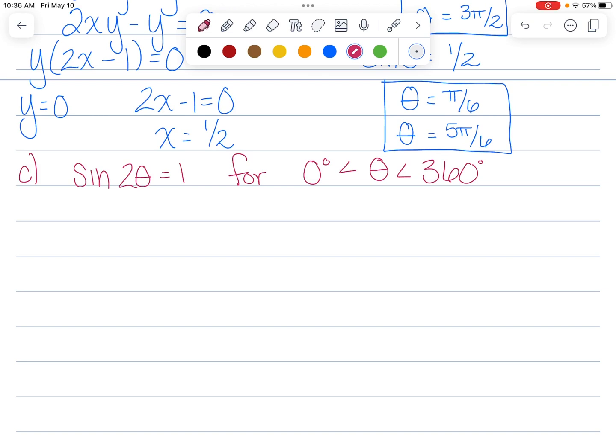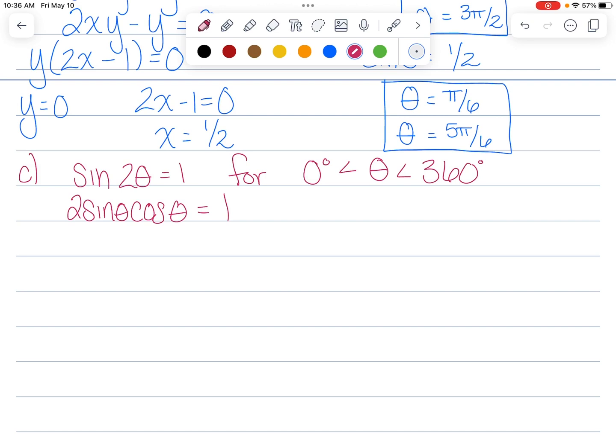Okay, next example. Sine of 2 theta equal to 1 for theta between 0 and 360. Now, the moment people see something other than regular theta, the instinct is to use the identities to switch it over. And if you do that, you get something along the lines of 2 sine theta cosine theta equal to 1.